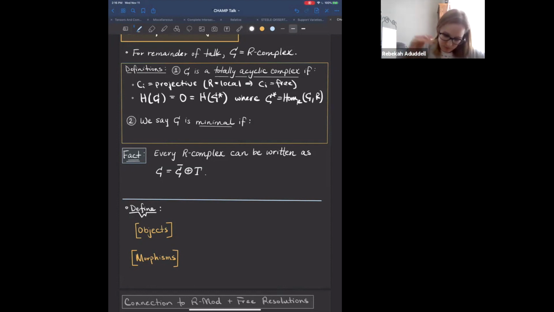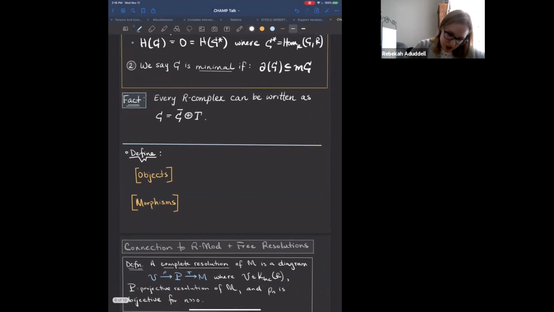I also want to mention that a complex is minimal if each differential maps into the submodule generated by the max ideal. Every R complex can be written as a direct sum of a minimal complex and a trivial complex. When I use the bar notation, I'm usually talking about the minimal subcomplex or an induced map on the minimal subcomplex.